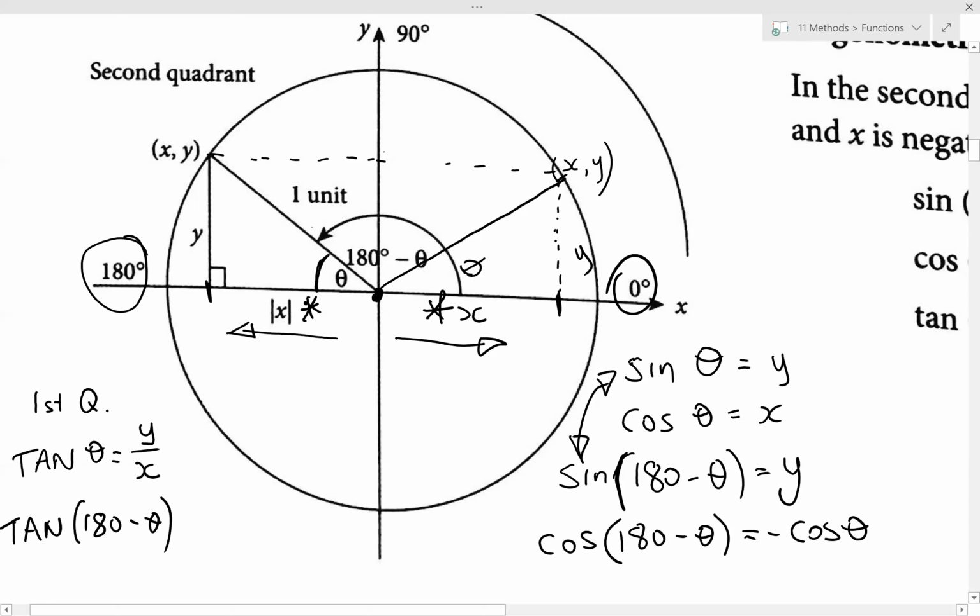But the value of tan is going to be the same as if I do tan of theta on this side, except that here, my y value is still positive. So y is still positive. But over here, underneath, my x is negative.